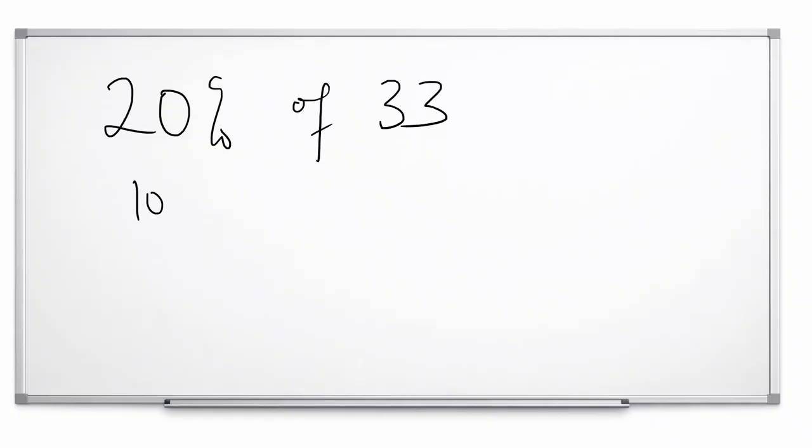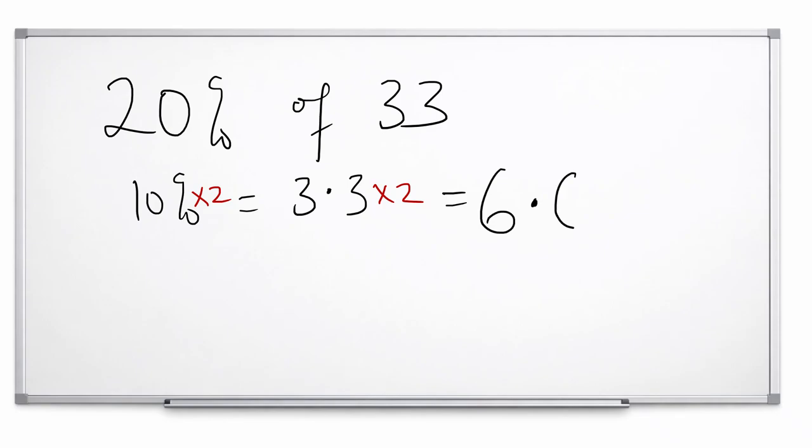Recall, what is 10% of 33? Which is 3.3. So to get 20, you multiply this by 2. And this is going to be 6.6. Can you see that? Yes. And this is going to take us to trick number 4.